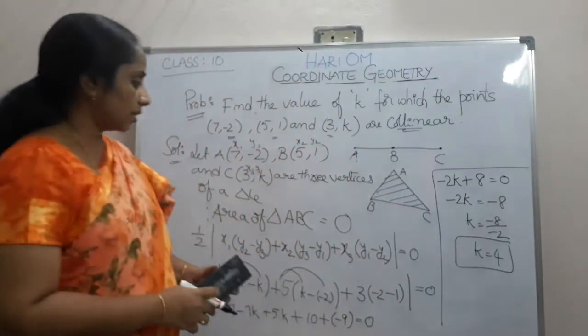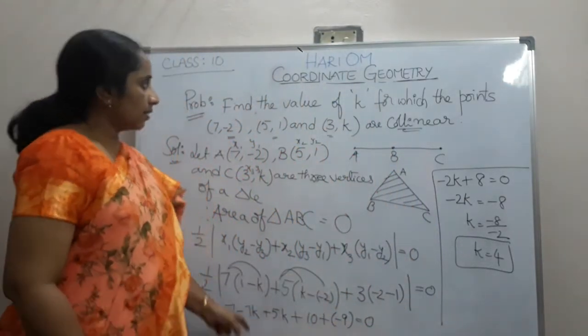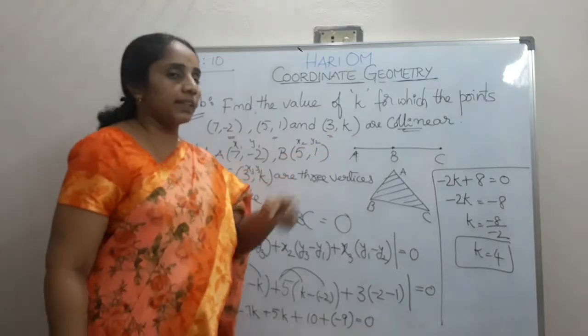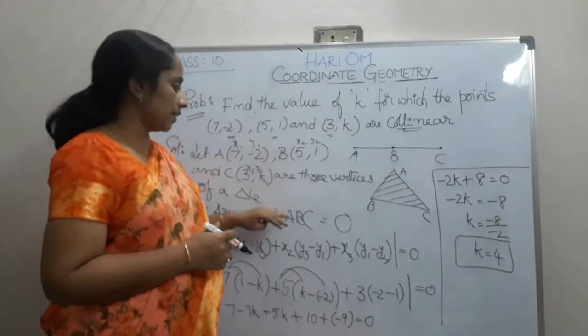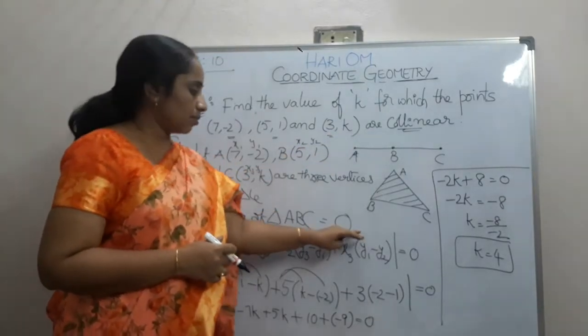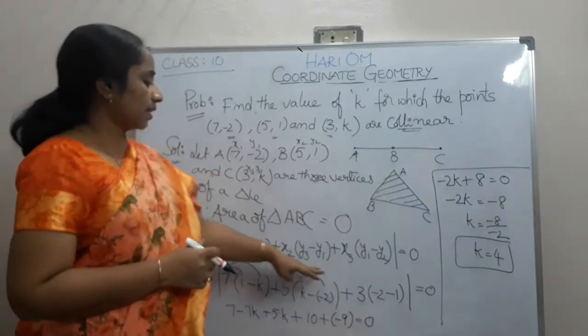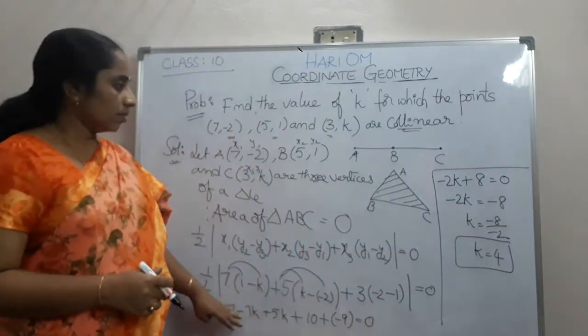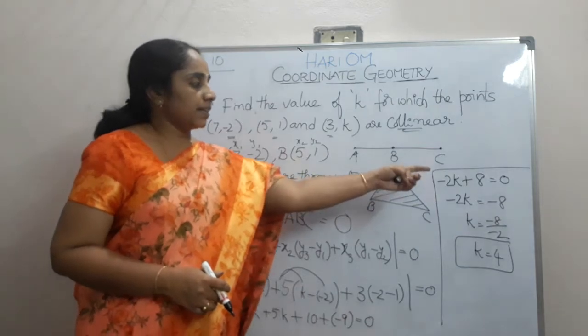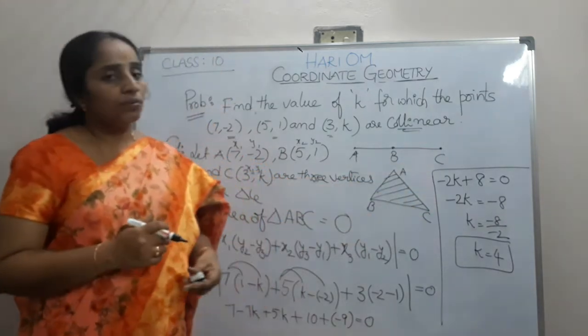So they said the given points are collinear. Collinear means the area is 0. So assume that its area is equal to 0. So now -2k plus 8 equals 0, k is 4.